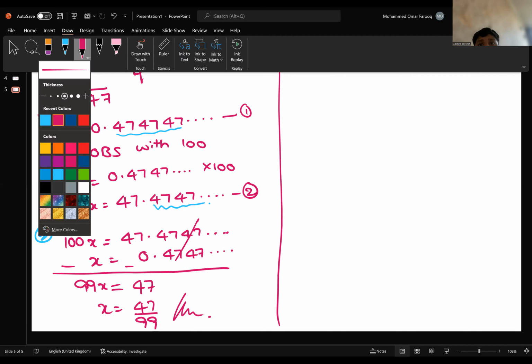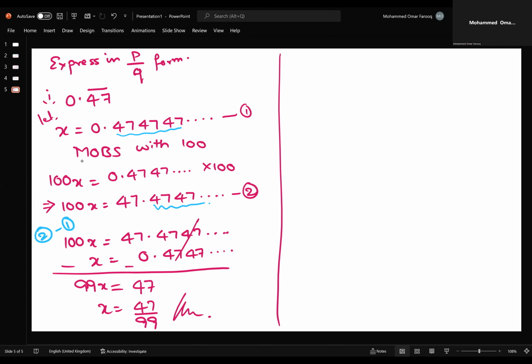Now the same question, a little bit different. In the question they will give you the number and the bar.